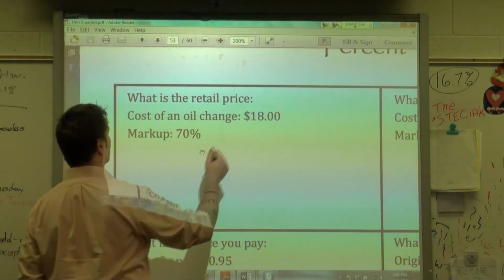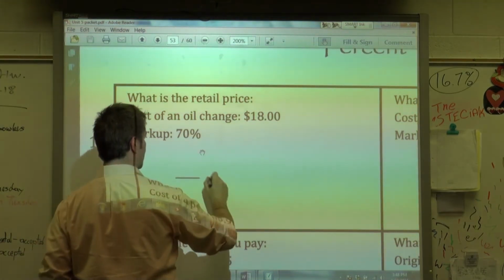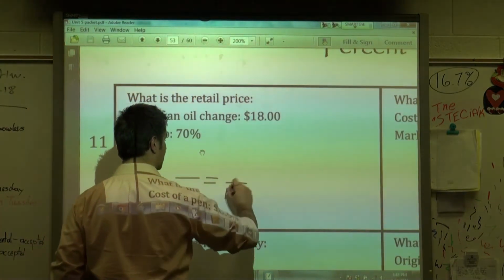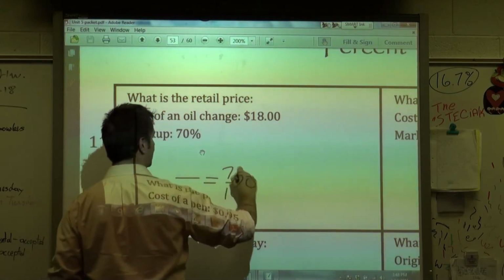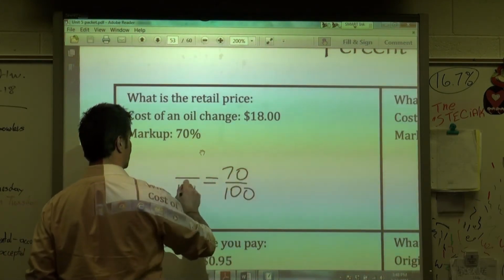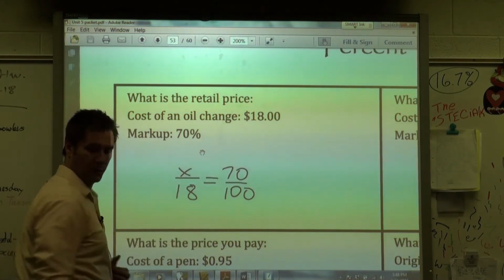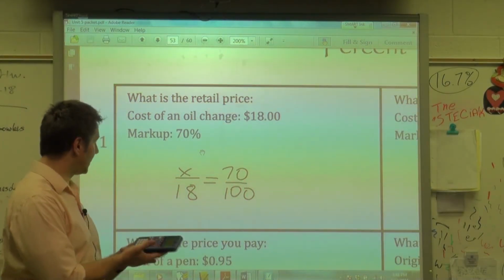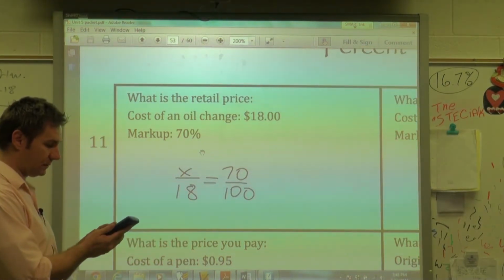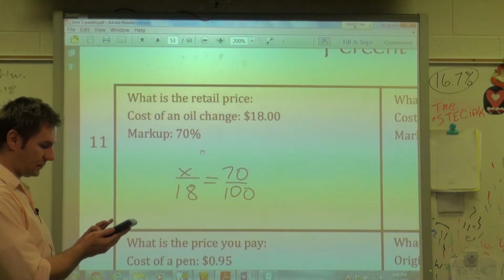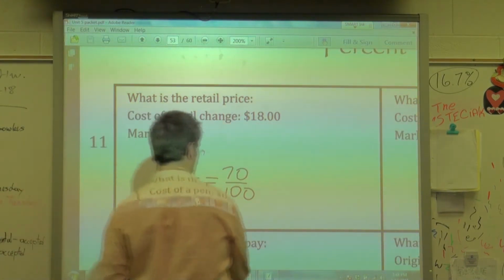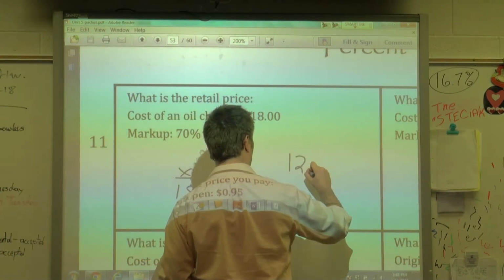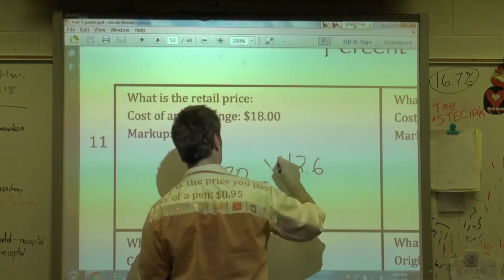What we're looking for is going to be the same exact formula, which will be 70% of 18. We are going to find what that is by cross multiplying: 18 times 70 divided by 100, which in our case is $12.60.